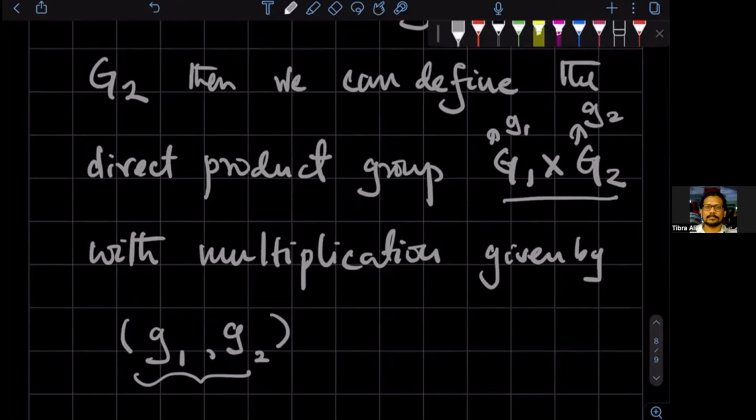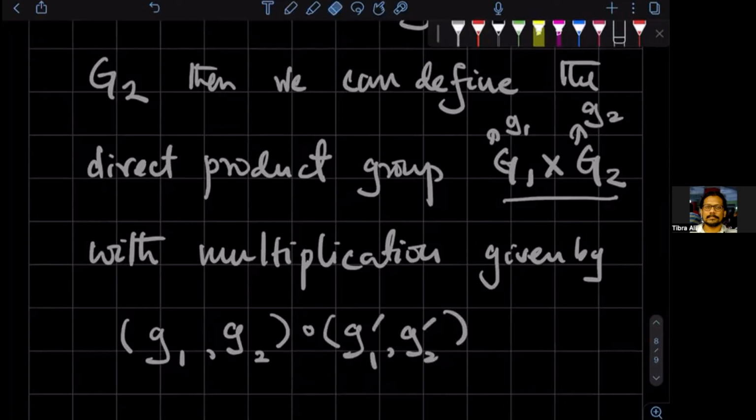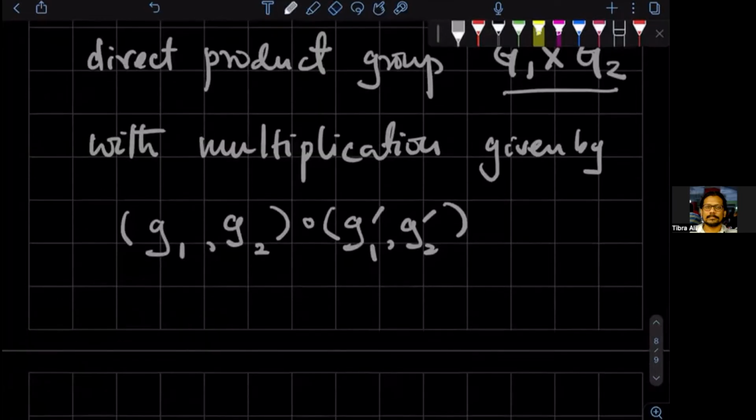Okay, so this times, say, g1 prime and g2 prime. So these are also elements from G1 and G2. So the product is obviously defined by g1 g1 prime, g2 g2 prime. Okay.